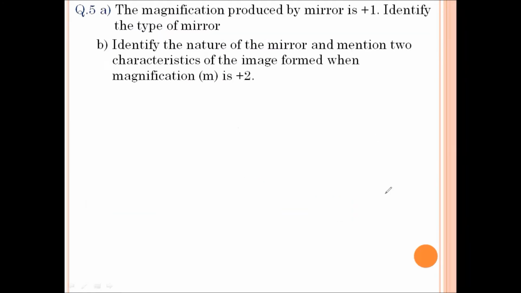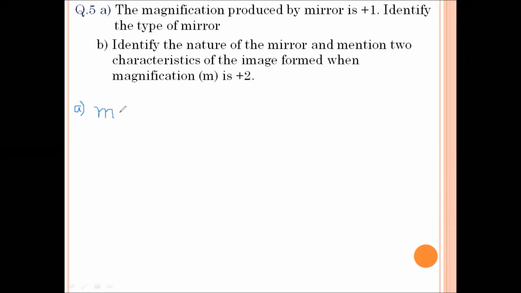Question number 5, A part. The magnification produced by a mirror is +1. Identify the type of mirror. So in part A, we have been given that the magnification of the mirror is +1. And the formula for magnification is given by h dash by h, that is height of image to the height of object, and it is equal to 1.